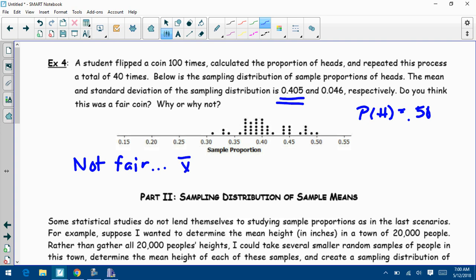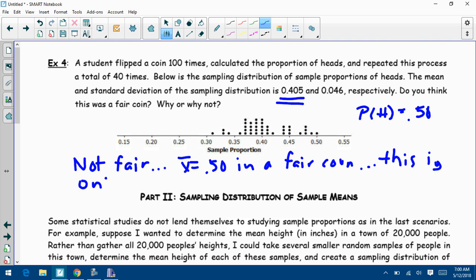X bar equals 0.50 in a fair coin, and this is only about 0.405. So I would say the probability that heads is 0.50 for this coin is unlikely.